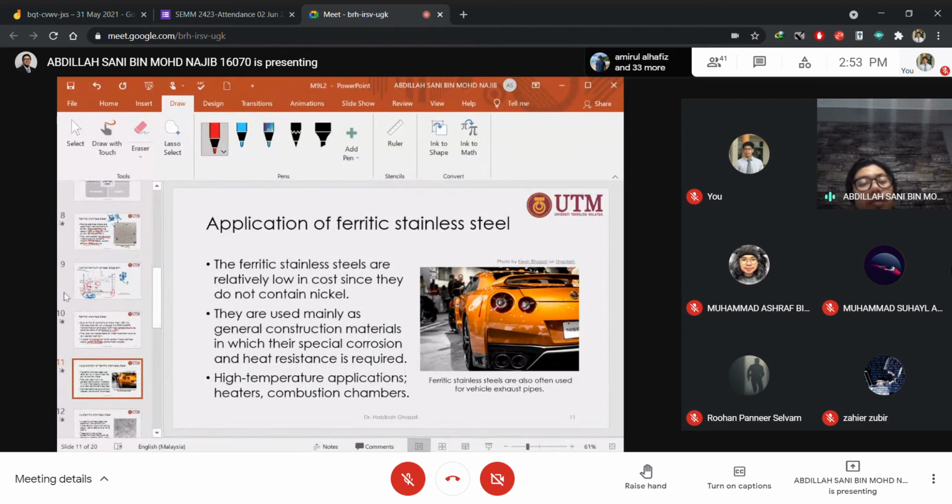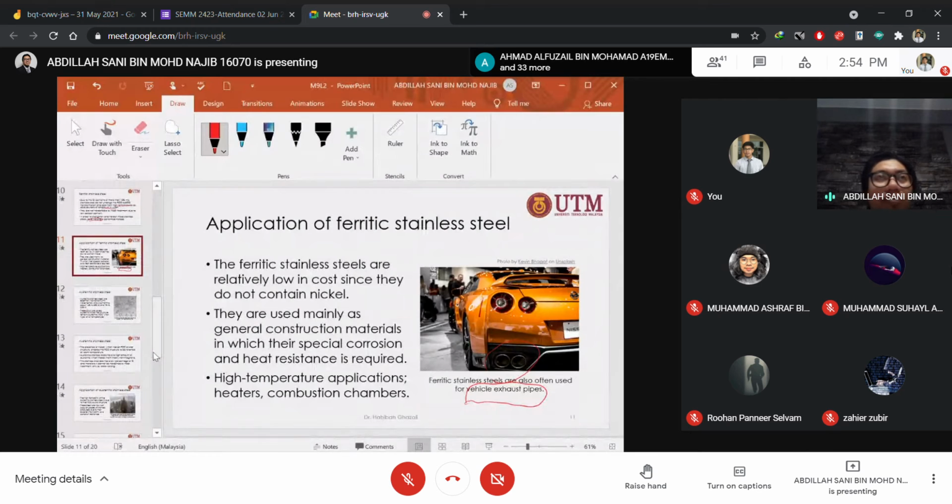High temperature applications, heaters, combustion chambers, and also the exhaust are ferritic stainless steel. Before this maybe you just thought of stainless steel, but now you know it's ferritic, so you can see what is around you from a different insight.